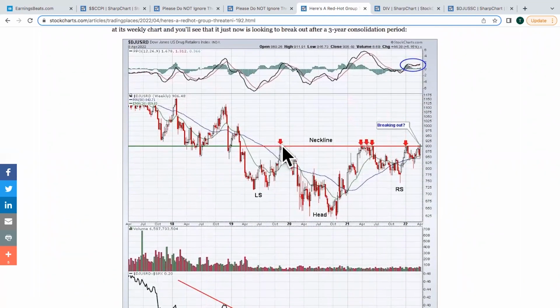And if you look at it coming across here, it looks like a bottoming head and shoulder formation to me. Left shoulder, neckline, head, right side of the neckline, right shoulder. And then it looks like we're just making this breakout last week. So this is a really nice symmetrical bottoming head and shoulder formation, and we're just getting the breakout.